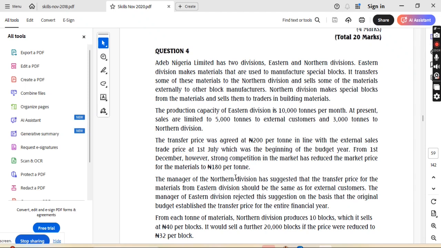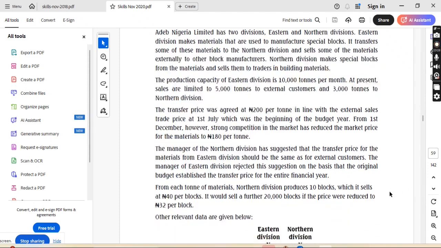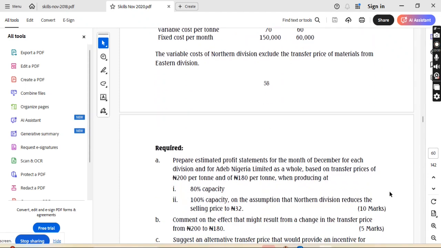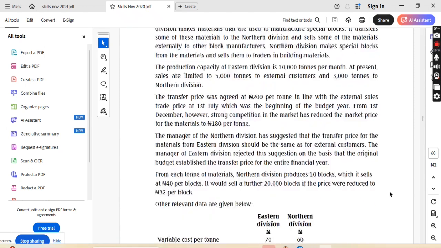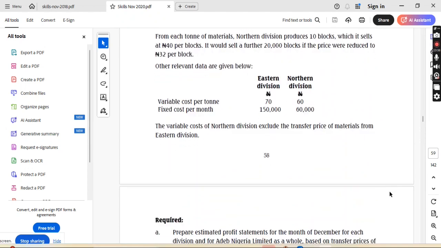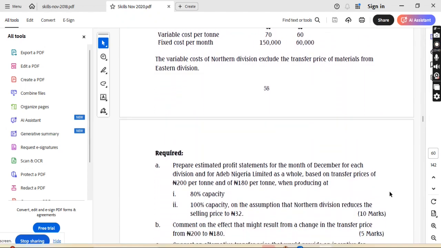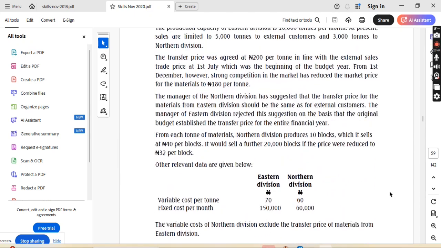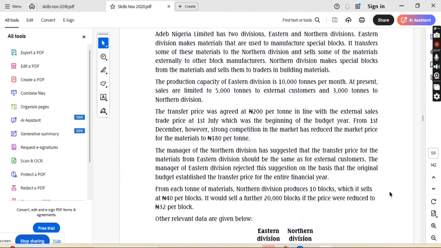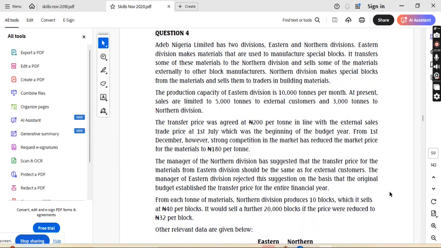Don't forget, the requirement says that we should prepare the profit statement based on the 200 naira per ton and 180, on the basis of 80% capacity and 100% capacity. So there are two transfer prices here that we will use according to the requirement.